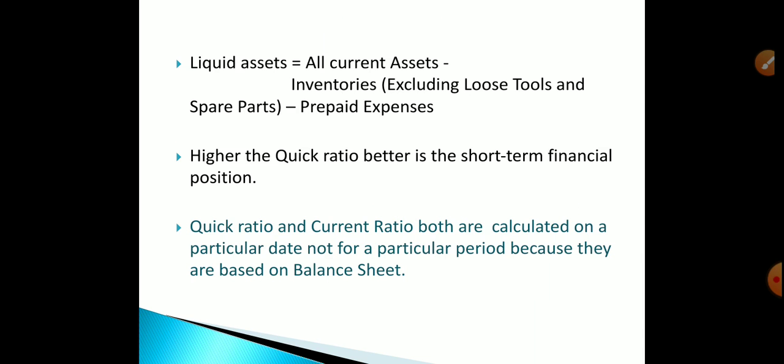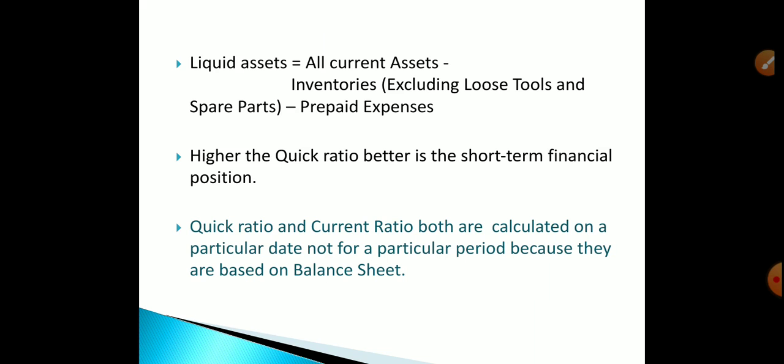Now, liquid assets. How to find liquid assets? It's very simple. From the current assets, the formula which we have used earlier, with all the components which come in current assets, we have to deduct inventories and prepaid expenses. Now, why deduct inventories?